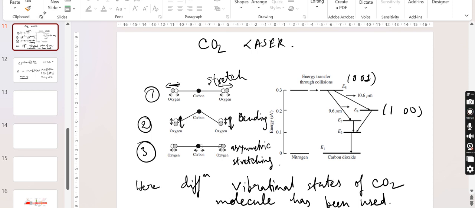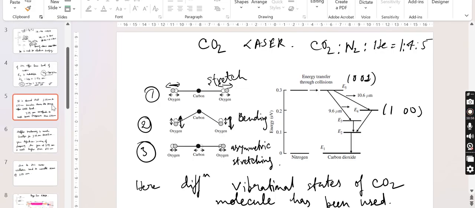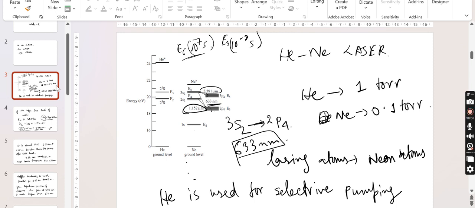And some amount of helium gas is also present in the carbon dioxide system. So the carbon dioxide to N2 to helium ratio is 1 to 4 to 5 basically. So we have also seen that in the helium neon laser also, it is 10 to 1, that is the ratio between them.